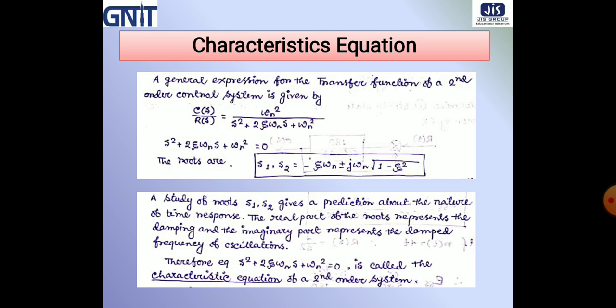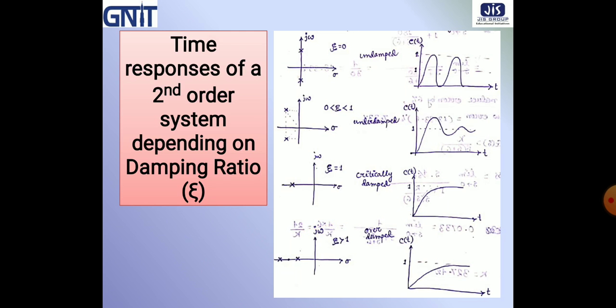And now if we put zeta greater than 1, that means the overdamped case. For this equation, if we put zeta greater than 1, suppose 1.3 or 1.5, then there will be two poles present in the negative real axis.